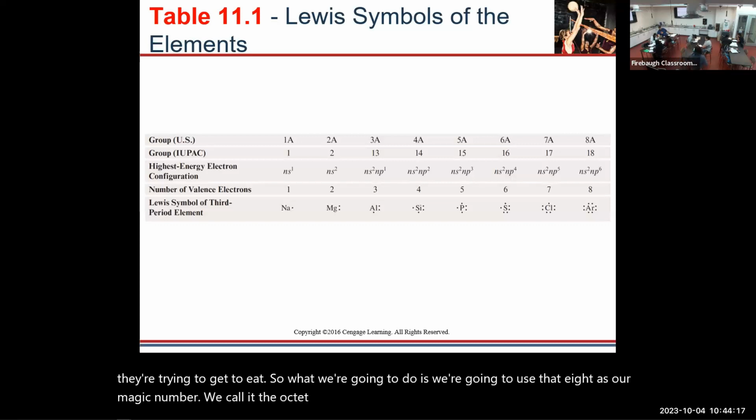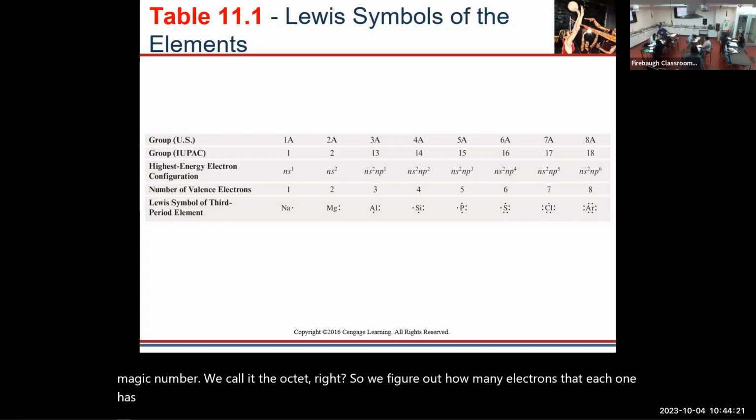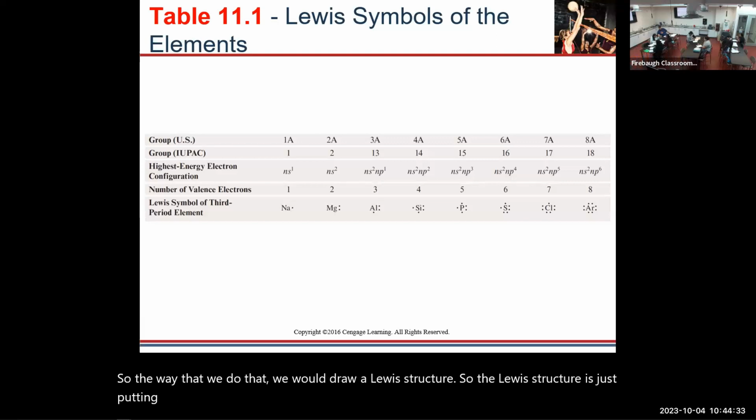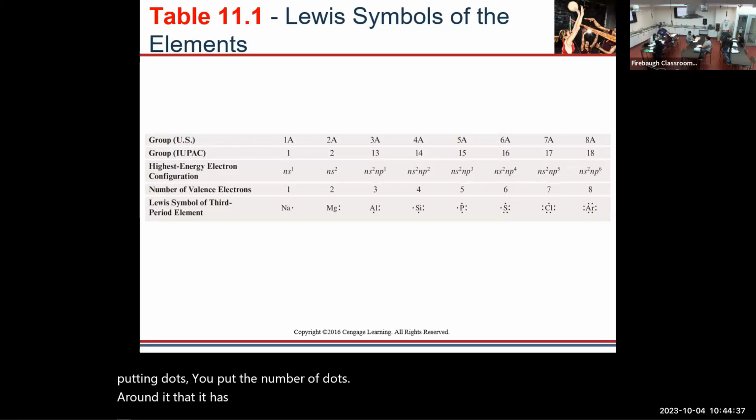So we figure out how many electrons each one has to use to try to get to their octet. Sodium has 1 valence electron. The way that we do that, we would draw a Lewis structure. The Lewis structure is just putting dots. You put the number of dots around it that it has valence electrons. So sodium has 1 valence electron.